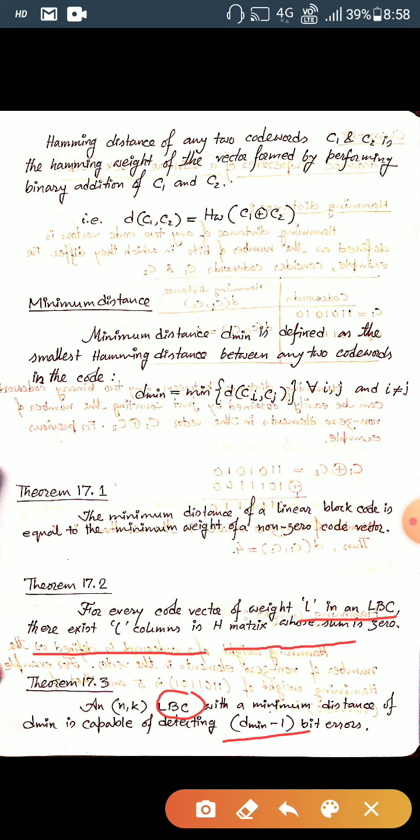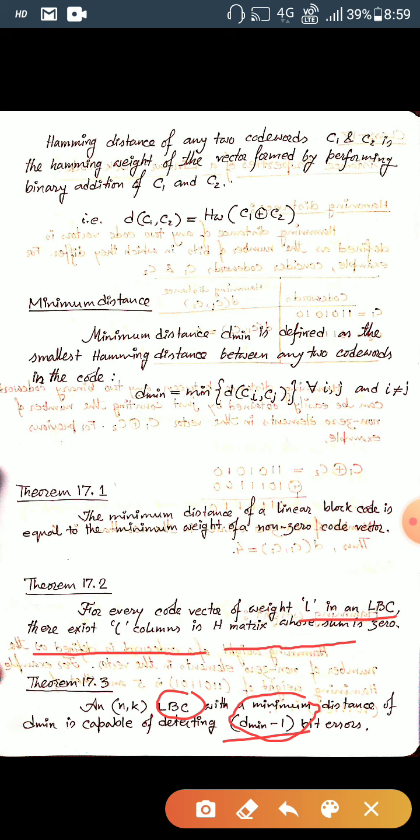That means if you are able to identify d-min for a code, for that particular code, how many errors can be detected? Again, I am repeating, detect, not correct. This will be d-min minus 1. If d-min is given to you as 4, then d-min minus 1 is 3, because 4 minus 1.